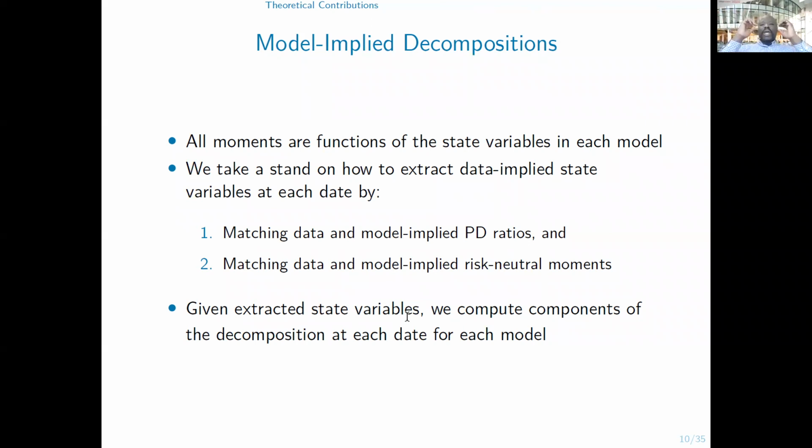If you compute any quantity, the physical moment or the risk neutral moment, it depends on the state variables. If you are able to recover the state variables, then you should be able to compute these quantities at each point in time, 1996, 2000, 2004, whatever.